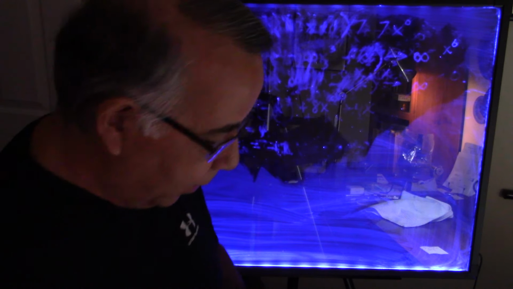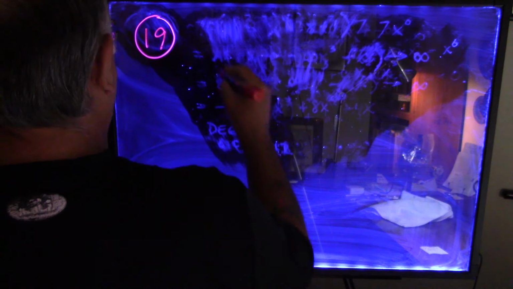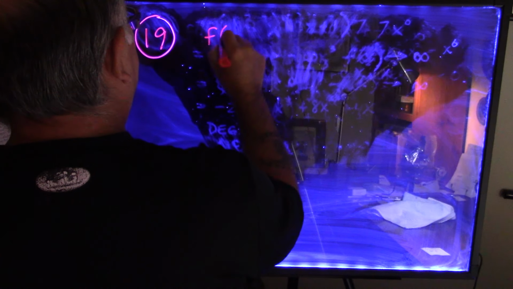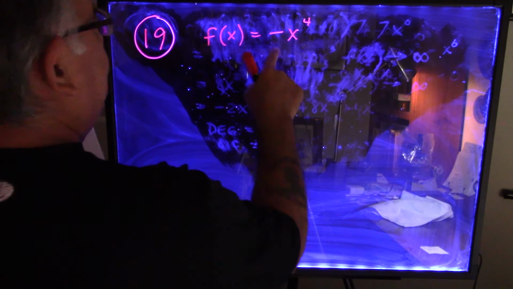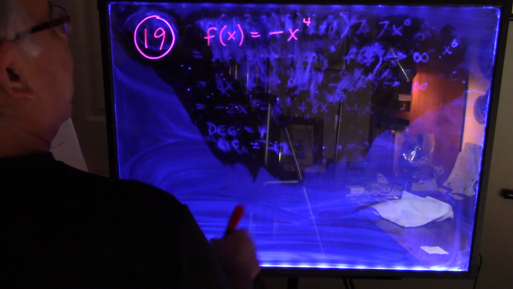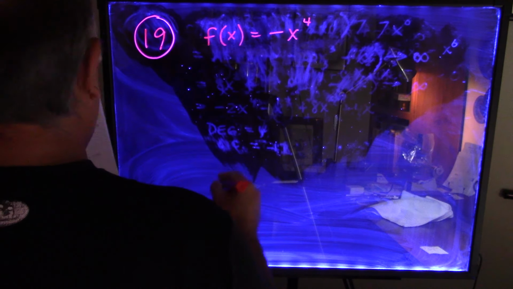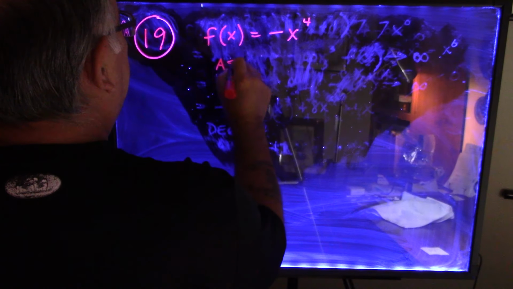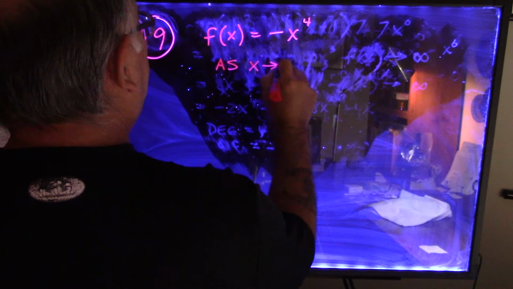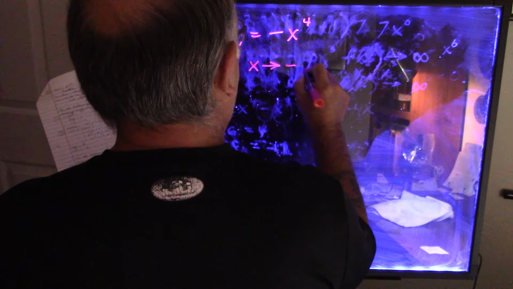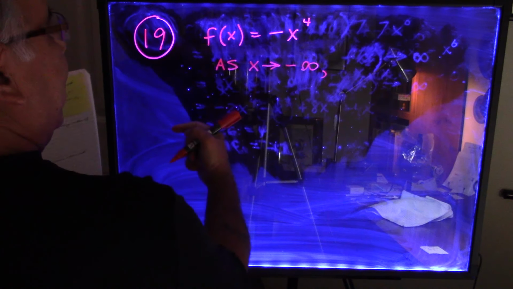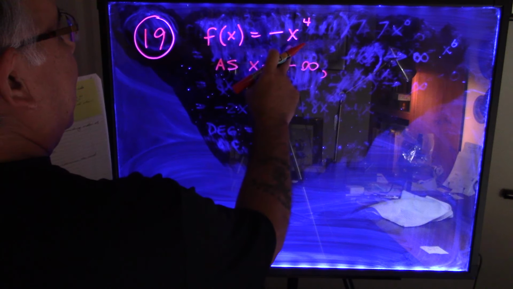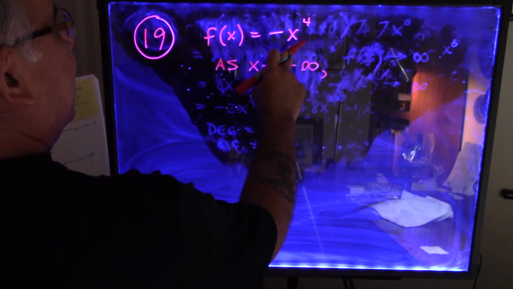Number 19. So f of x is almost like the last one, but there's a negative in front. So you can think of the leading coefficient as negative 1, negative 1x to the fourth if you want. Okay, so as x goes to negative infinity, what happens to this function? So think of x going on the number line to the left, and you're putting in negative numbers in here.